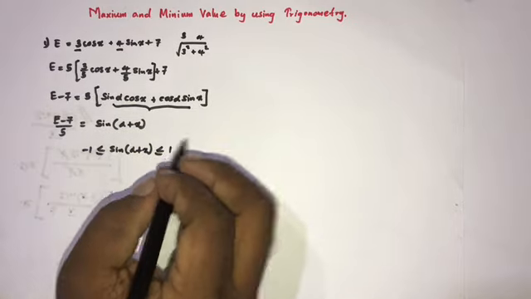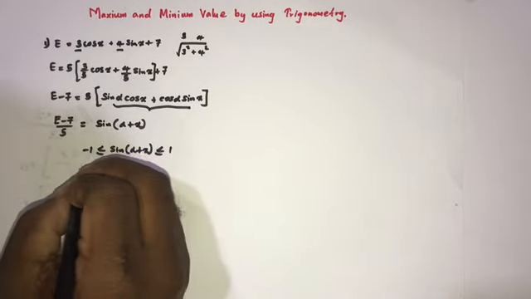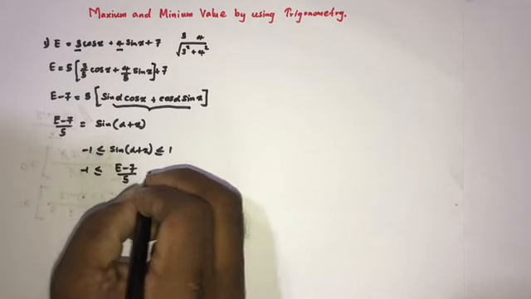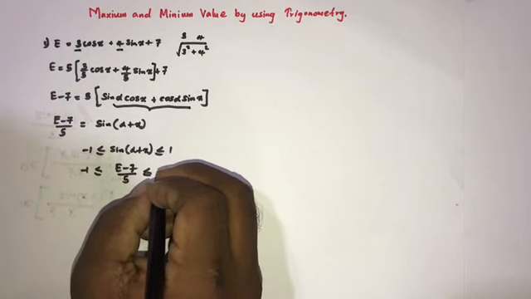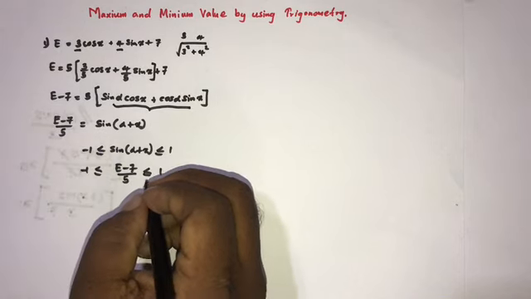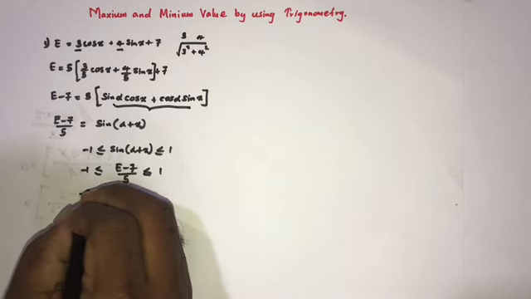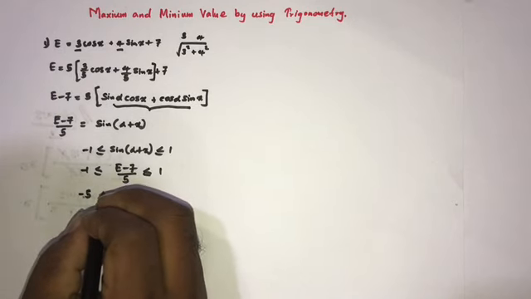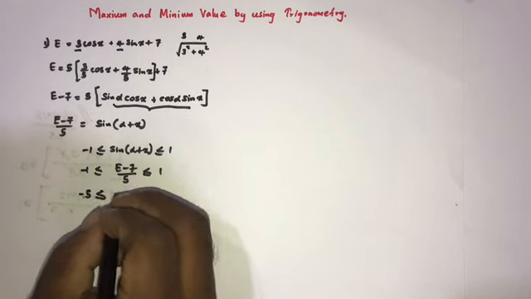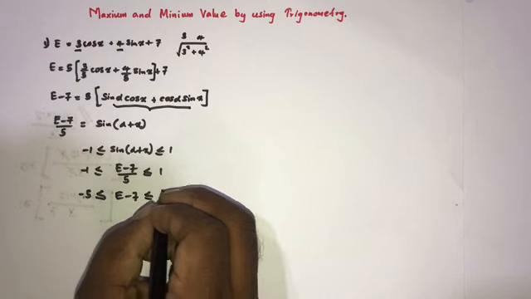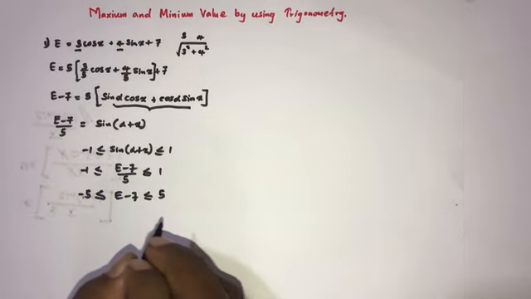Then we know the range of the sine function is minus 1 to plus 1. Therefore, E minus 7 over 5 is between minus 1 and 1. Now I'm going to multiply by 5 because 5 is a positive constant, so we get E minus 7 between minus 5 and 5.